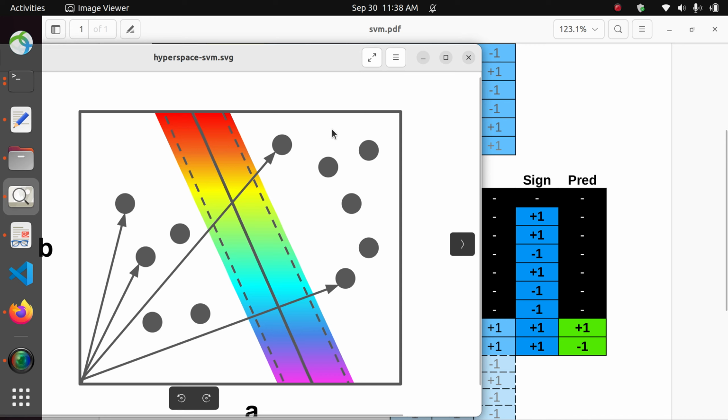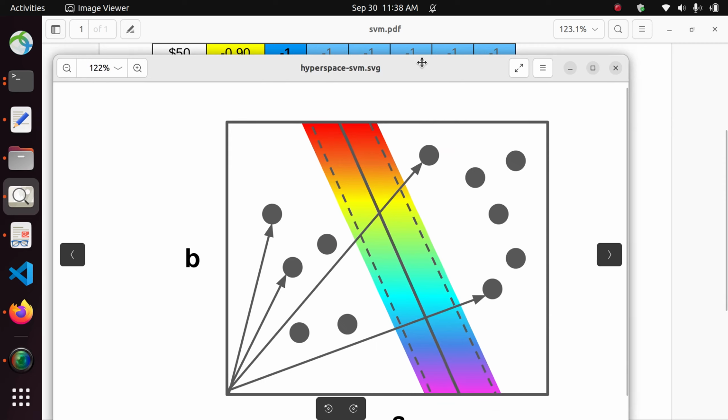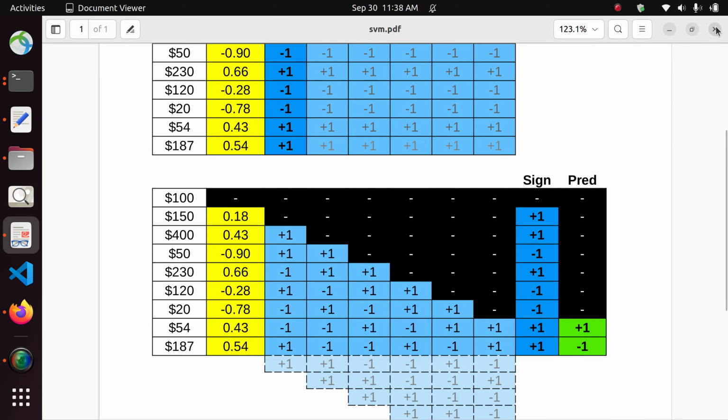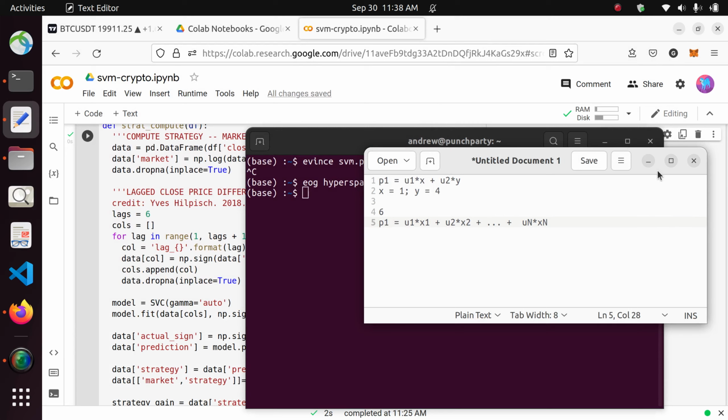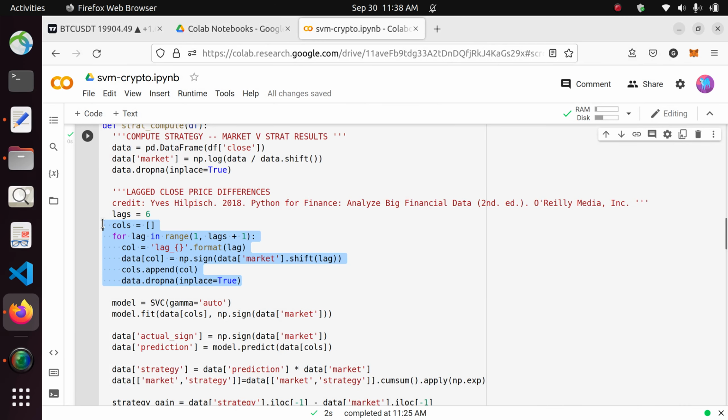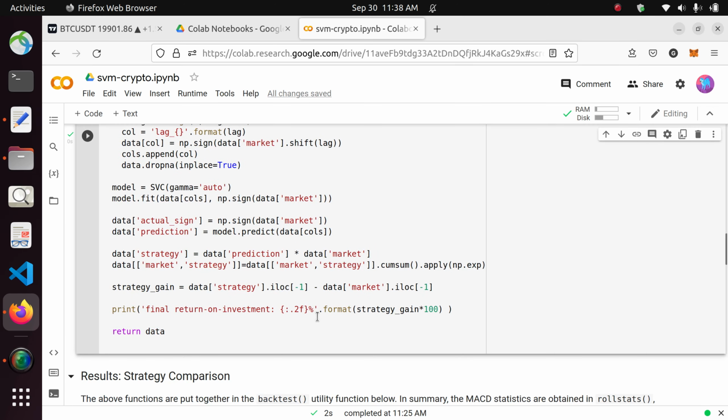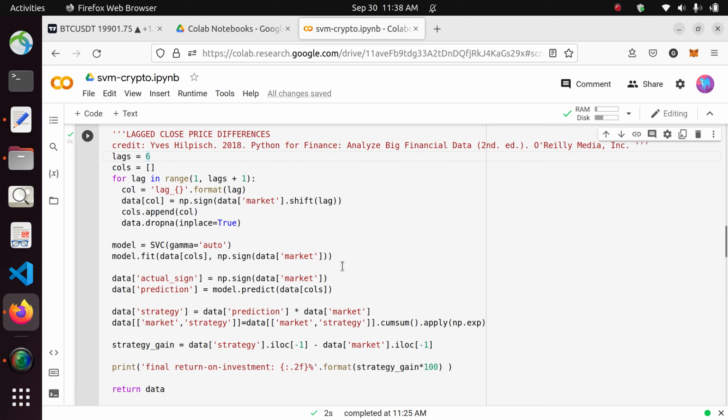So we could imagine that +1 is in this part of the hyperspace, on the right side of this hyperspace, and then -1 could be maybe on the left side of the hyperspace, divided by the hyperplane. Right? And where are the other dimensions? Well, the lags. I think that's good enough for an explanation. And so what we're doing here is calculating all of these to really fit the data so we can obtain a good classification.